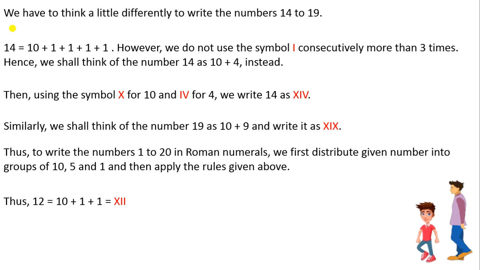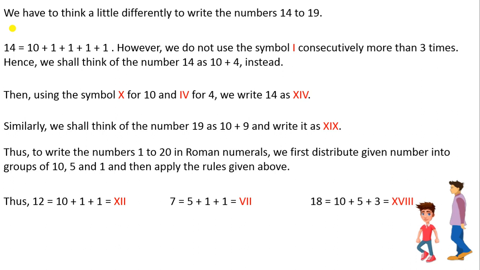Yes, teacher, I understand all this. Can I give some examples? Yes, Rahul, give some examples. Okay, number 7 will be distributed as 5 plus 1 plus 1, and it can be written as VII. And the second one is number 18, and 18 is distributed as 10 plus 5 plus 3 and is written as XVIII.